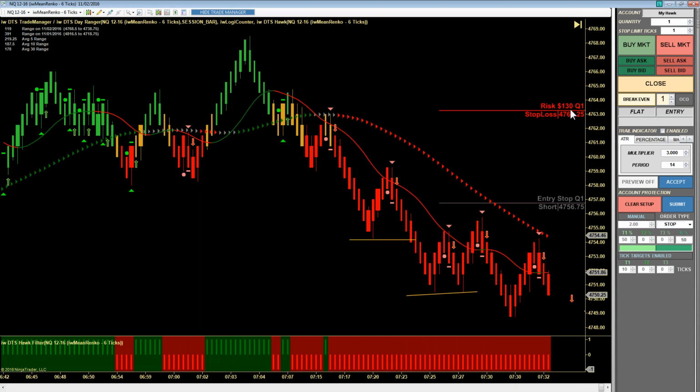The trade manager would automatically adjust. It would keep adding to your stop loss, so you don't need to worry about being short 3 contracts and only having a stop loss for 1. It will self-adjust, and then of course, like I said, once you have your stop strategy enabled, it will trail according to your stop strategy.